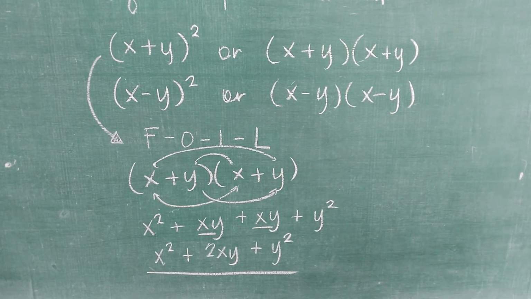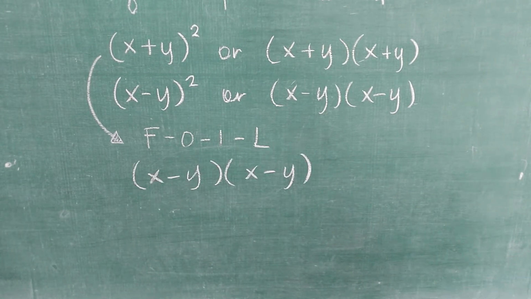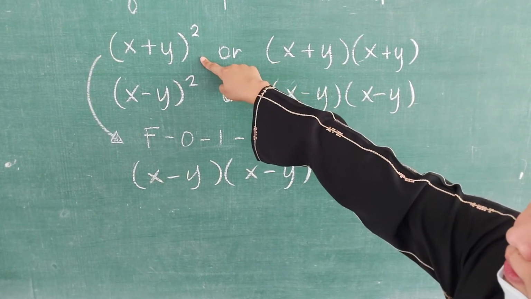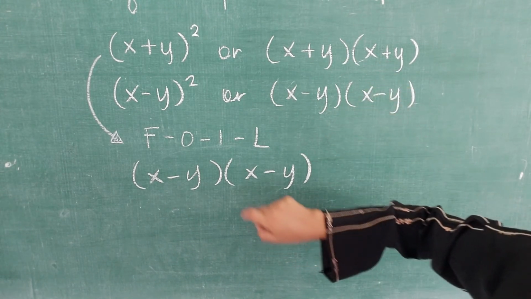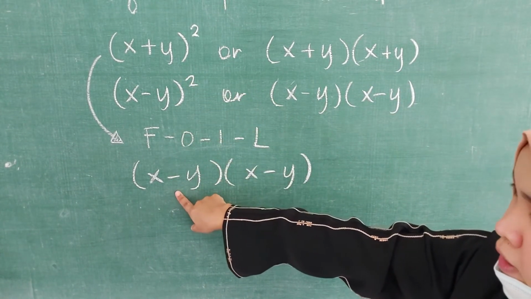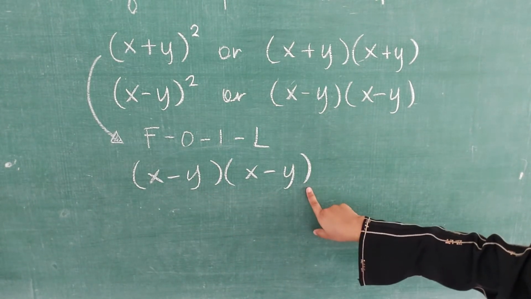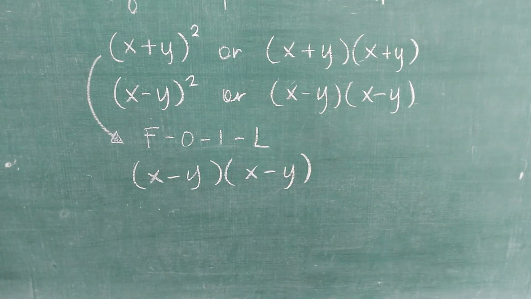Again, using the FOIL method. Kung mapapansin ninyo, yung kanina, x plus y quantity squared. Ngayon, imbis na positive, naging negative. So, x minus y quantity squared, or x minus y times x minus y. Using again the FOIL method, first, multiply the first term.